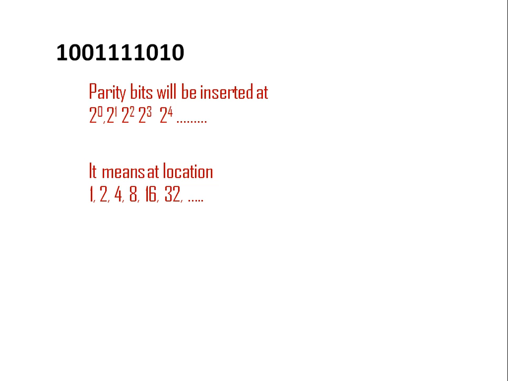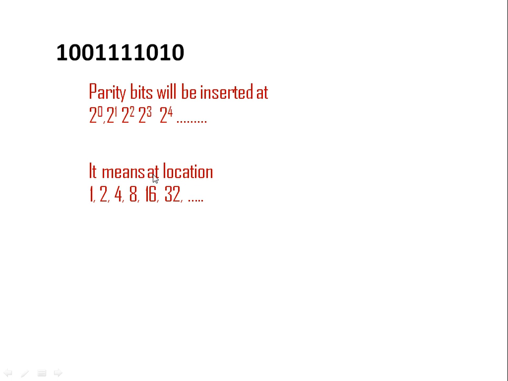In Hamming code, parity bits are inserted at locations like 2 to the power 0, 2 to the power 1, 2 to the power 2, 3, 4 and so on. If we calculate these locations, they will be first, second, fourth, 8, 16, 32.